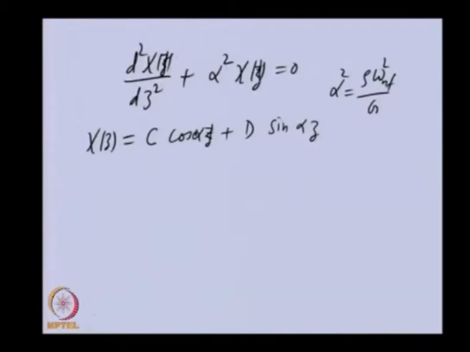So let us see the first condition, that at z is equal to 0, the displacement is 0. So we will get this as C times 1 plus D into 0. So you can see that we are getting C is equal to 0 from the first boundary condition, the fixed end boundary condition. The second boundary condition we have is that the torque is 0.